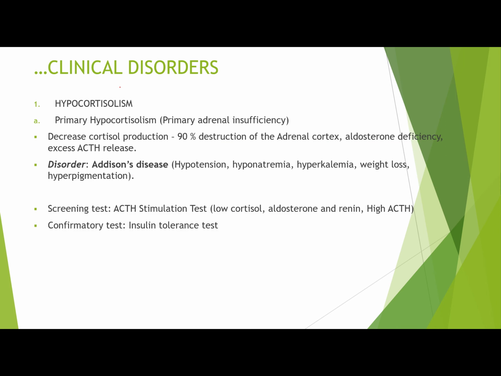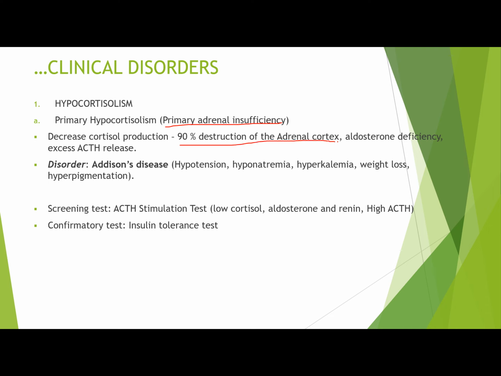Then we have hypocortisolism. Primary hypocortisolism, this is usually caused by primary adrenal insufficiency. So may problema yung adrenal gland nyo, class. Decreased cortisol production, usually caused by 90% destruction of the adrenal cortex. Aldosterone deficiency, excess ACTH release.